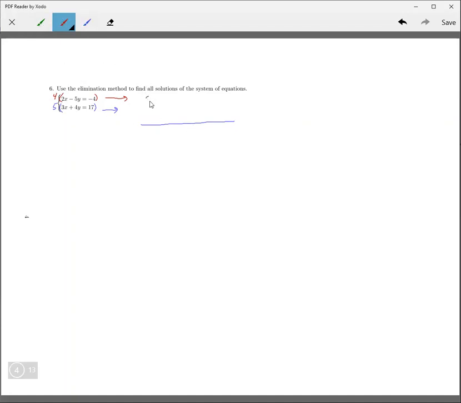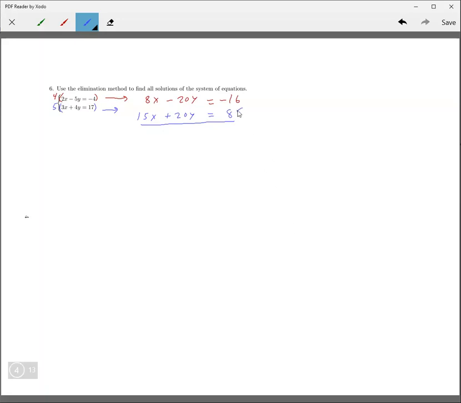Okay, so this will be 8x minus 20y equals -16. The bottom equation is going to be 15x plus 20y equals 5 times... what is that, 85? I guess that's 85. Yeah, that's 85.